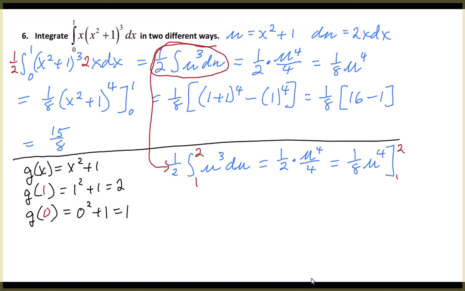Our original setup was evaluate from 0 to 1. But if we just leave it u, it's going to go from 1 to 2, because at the risk of over-explaining, that 1 is g of 0, which was our original lower bound. And the 2 is our original upper bound, 1, run through the x function, the g function.